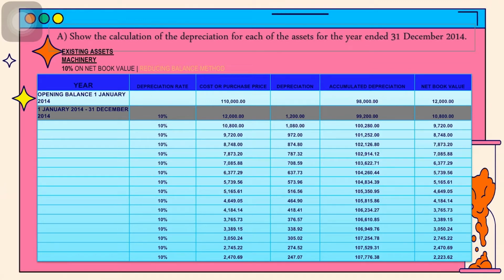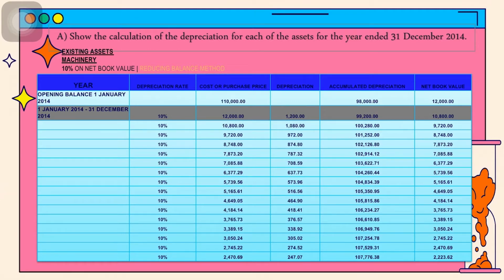For the machinery, depreciation is 10% on net book value using the reducing balance method. The net book value given is on the 1st January, so you have to find the depreciation for 1 year because it ends at 31st December 2014.